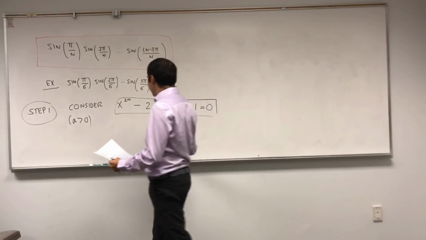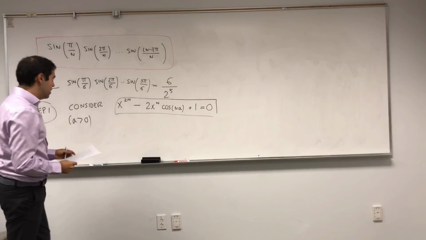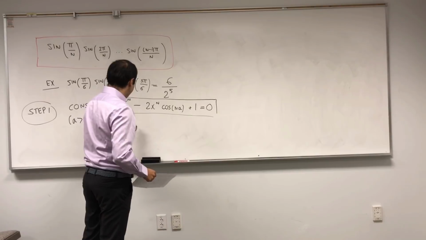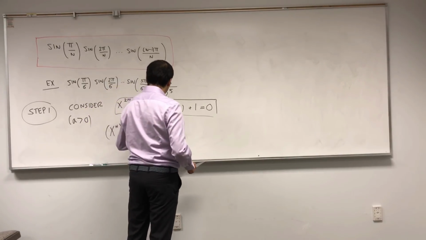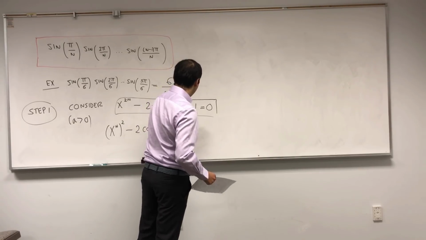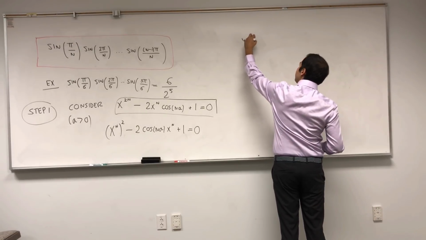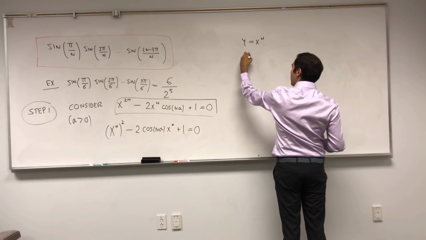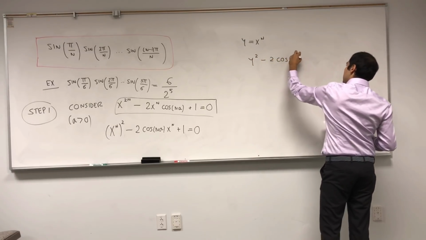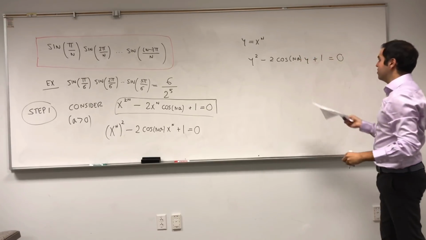And in fact, surprisingly, we are able to solve this equation explicitly, because notice, this is the same as x to the n squared minus 2 cosine of na x to the n plus 1 equals 0. So, if you let y be x to the n, this really becomes y squared minus 2 cosine of na y plus 1 equals 0.